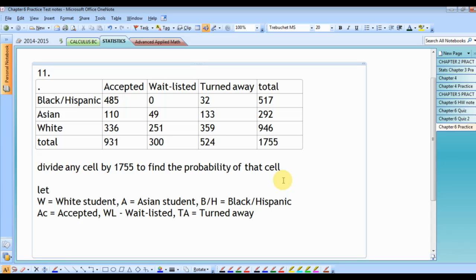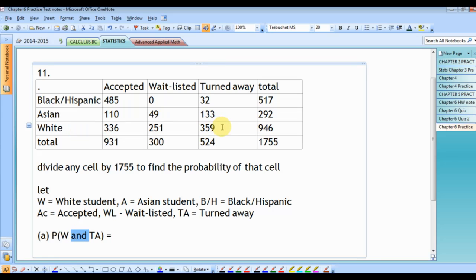All right, so the first one is, what's the probability of white and turned away? Probability of white, which is W, and TA, which means turned away. And that is just a reading from the chart because it's "and." When it's "and," you can just read it right from the chart.